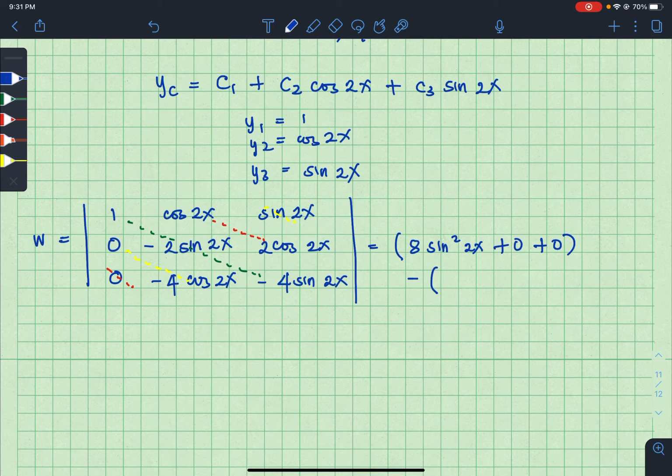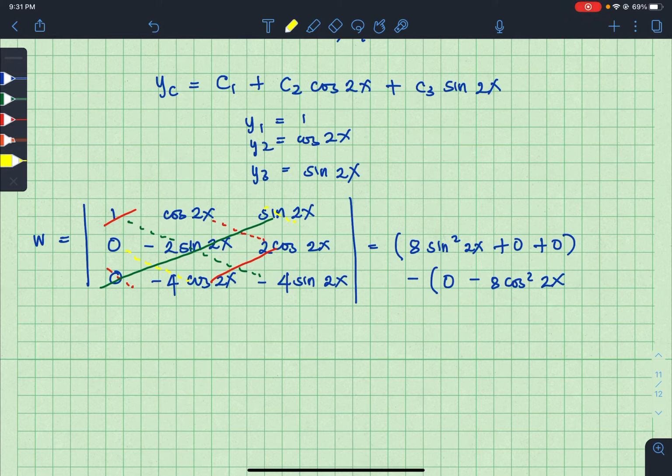For our next term, that is 0, plus this one: 1 times negative 4 and negative 2, so that is negative 8 cosine squared 2x.